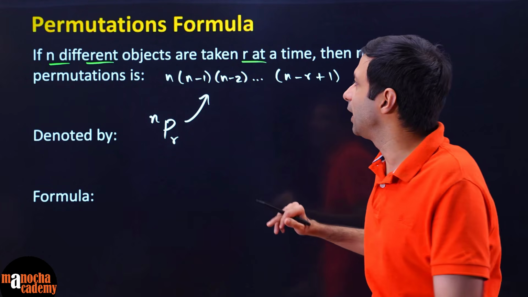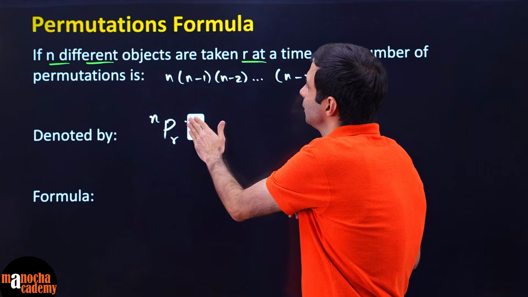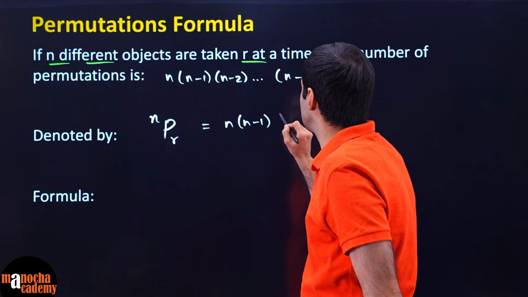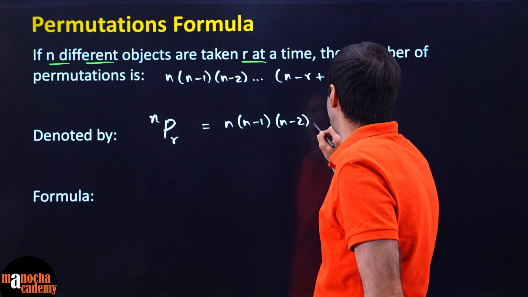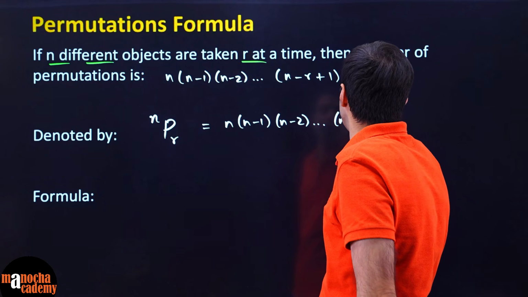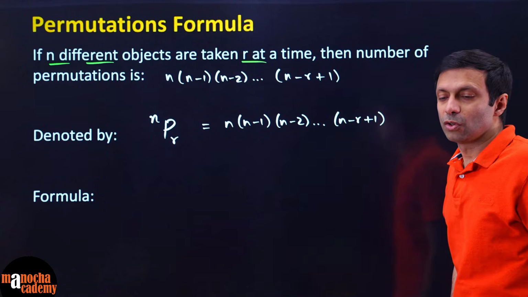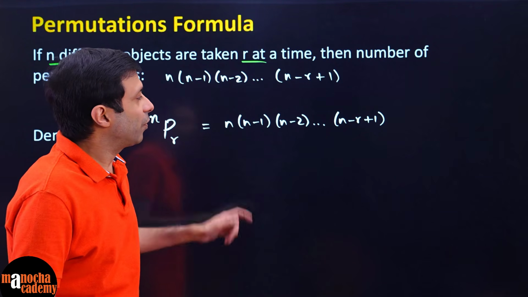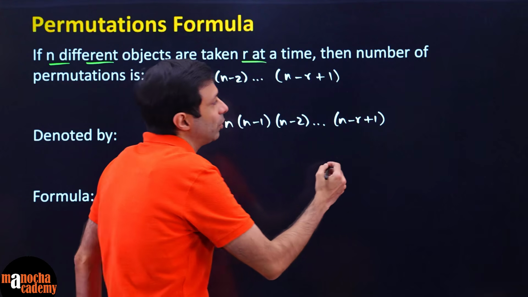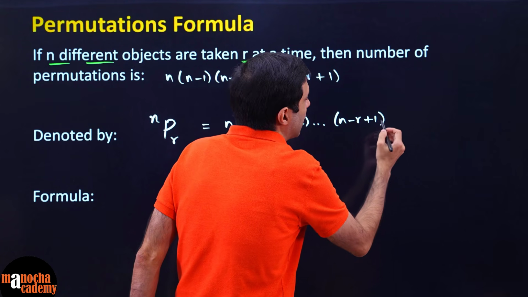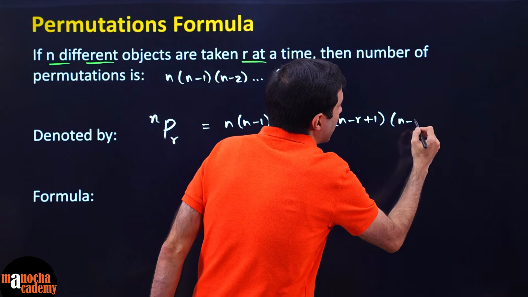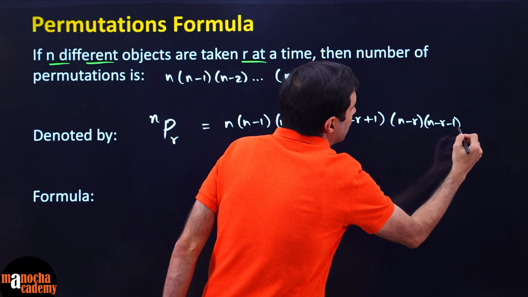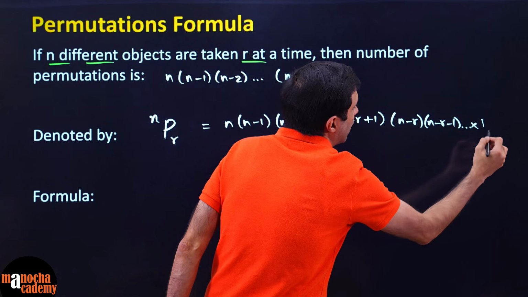Because what did we get here? We got nPr is equal to n times n minus 1 times n minus 2 all the way up to n minus r plus 1. So if I want to simplify this, let's say we continue this product. So it is n minus r plus 1, the next term will be n minus r, then n minus r minus 1, and so on all the way up to 1.